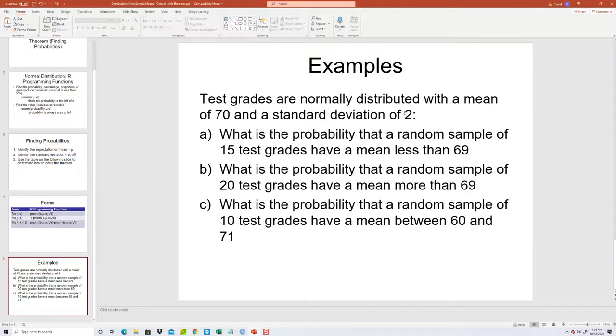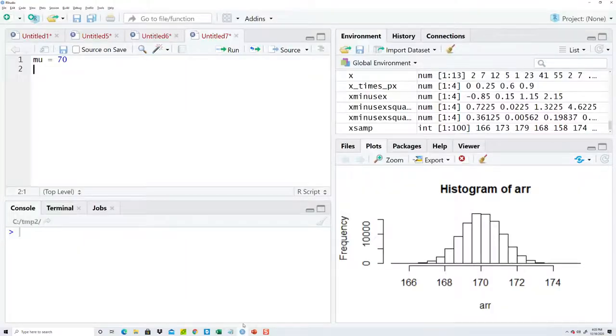And then this one, standard deviation of 2, so that would be our sigma, according to our formula. Sigma equals 2. And then we want to find our first one. So, first example.